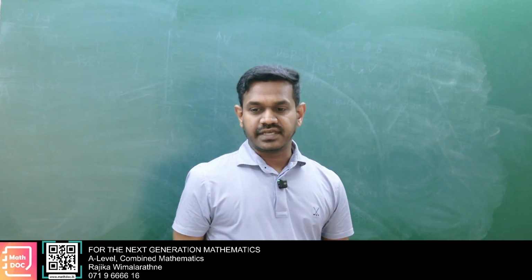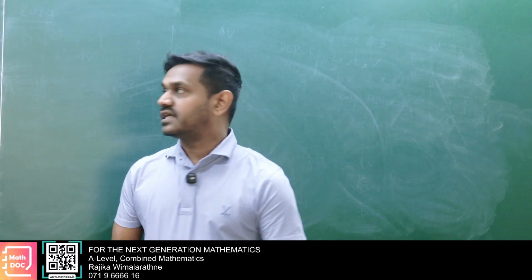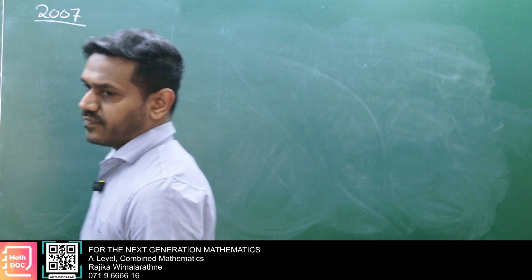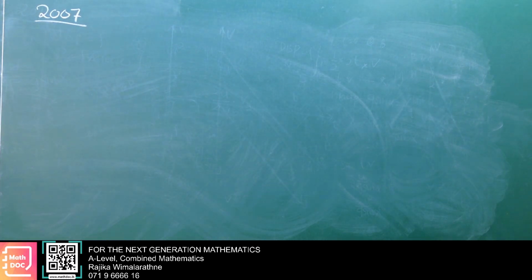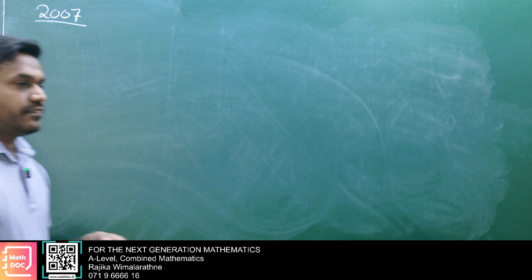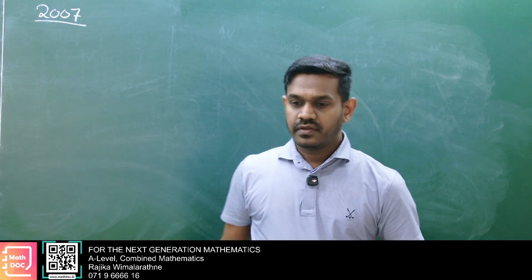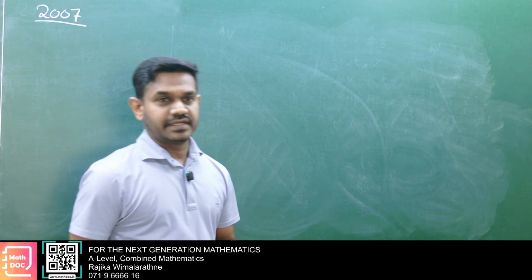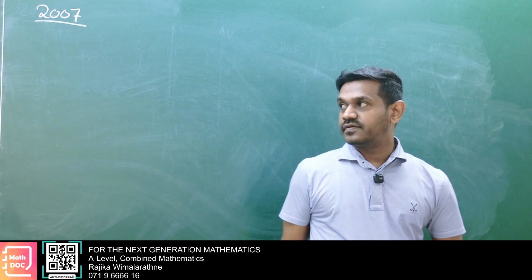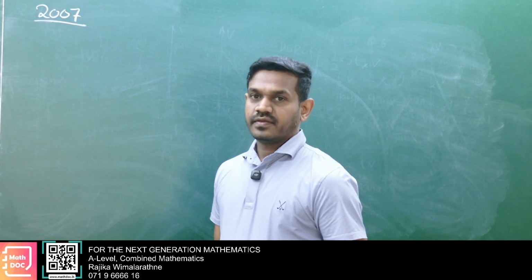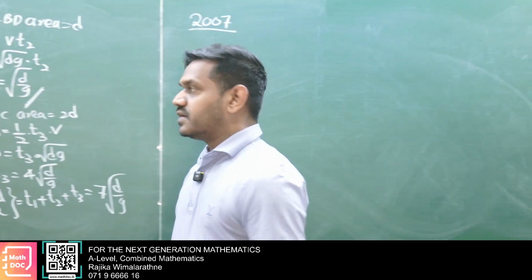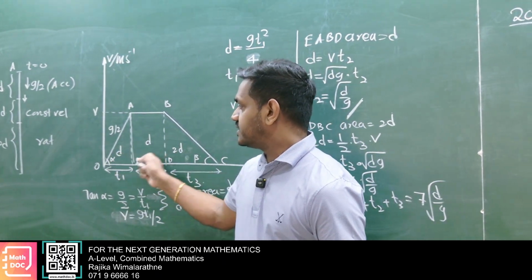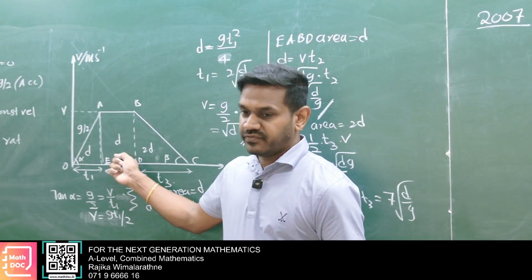Okay, then you come to the 2007 A-level question. 2007. Start it. Always write the gradient relation and displacement relation. Then you find unknowns. Here in this case, acceleration is given and there are three stages: uniform acceleration, uniform velocity and retardation.